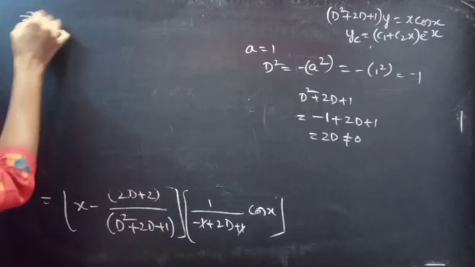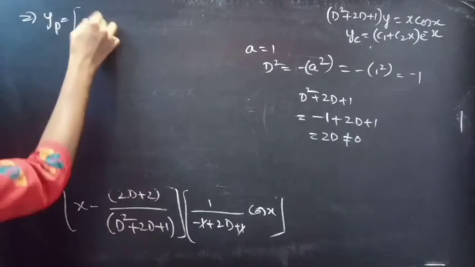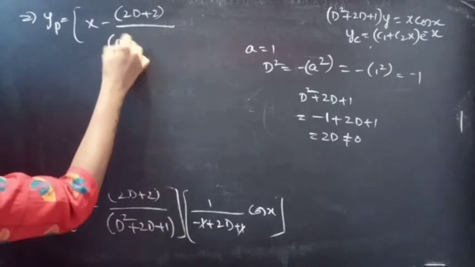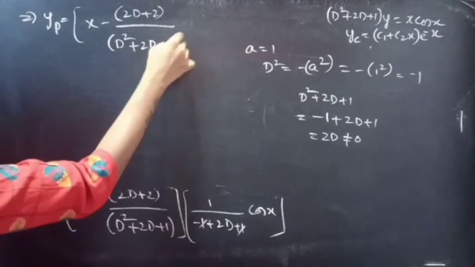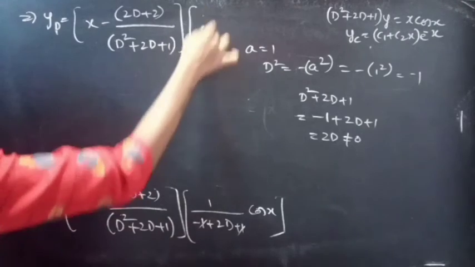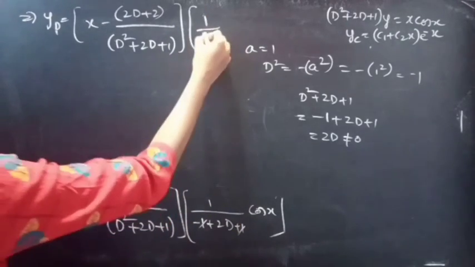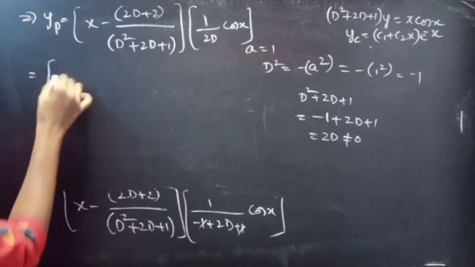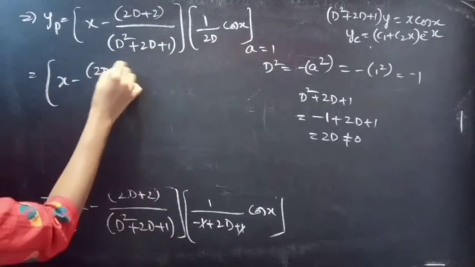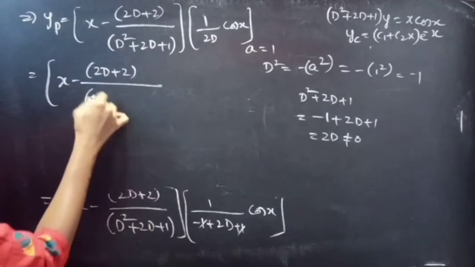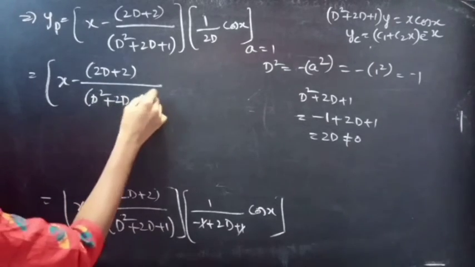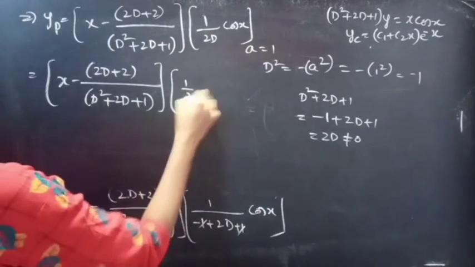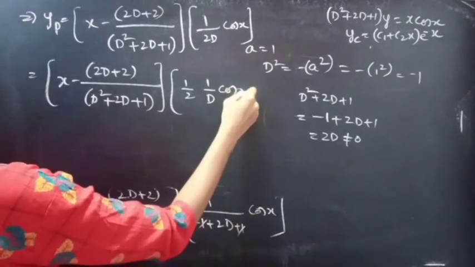Then we'll get yp equals x minus (2D plus 2)/(D² plus 2D plus 1) into 1/(2D) into cos x. This equals x minus (2D plus 2)/(D² plus 2D plus 1) into, split 1/(2D) as 1/2 into 1/D into cos x.